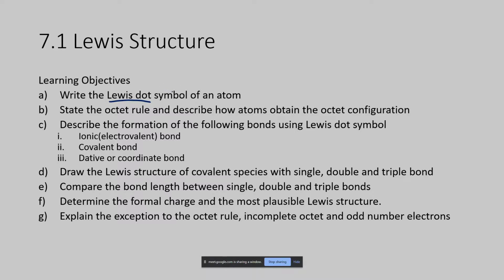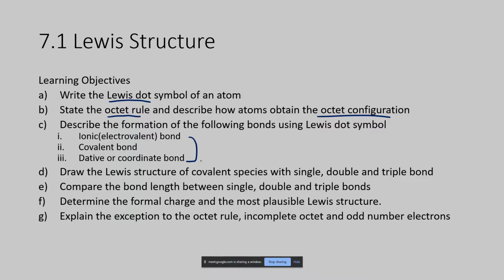So we will represent bonding using Lewis dot symbols, and we will look at the octet rule and how atoms obtain octet configuration, and then we will describe these three bonds. We will look at where, as the two dogs described earlier, ionic and covalent, and also polar covalent bond.